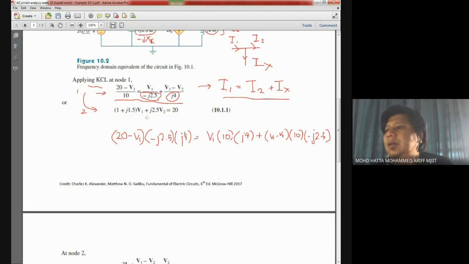How do I come up with this kind of equation?